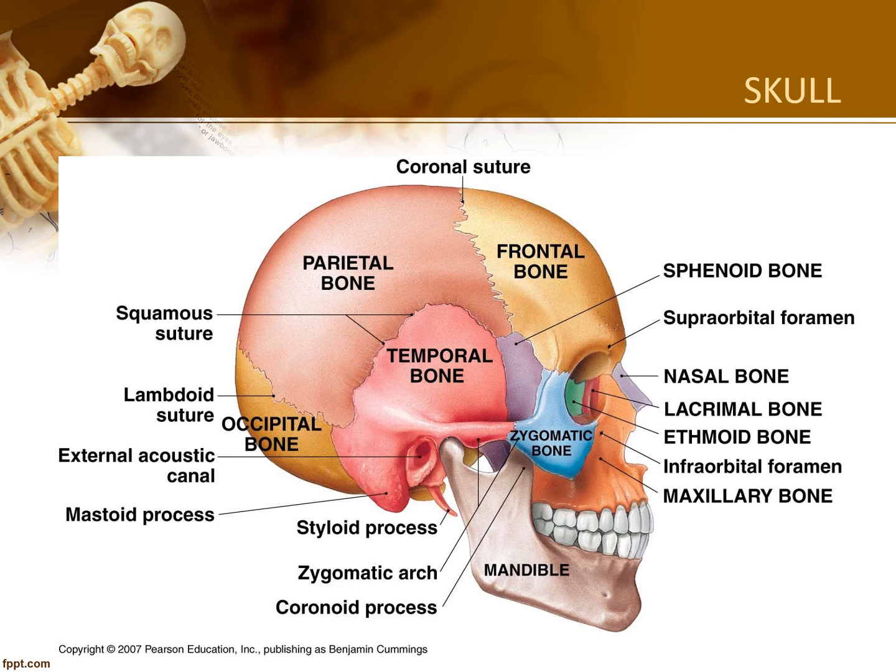These bones are parietal bone, frontal bone, sphenoid bone, ethmoid bone, temporal bone, occipital bone, maxillary bone, and mandible. These bones protect the brain and house the sensory organs, such as the eyes and ears.